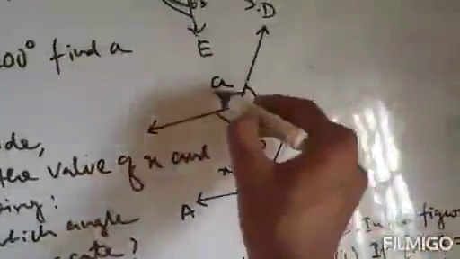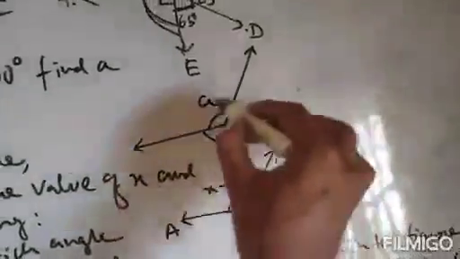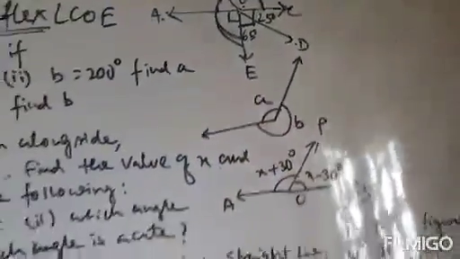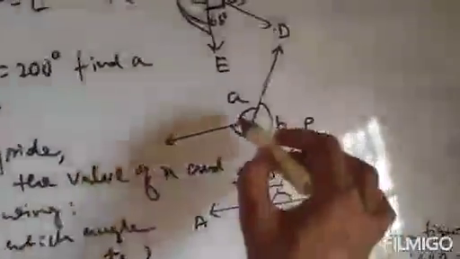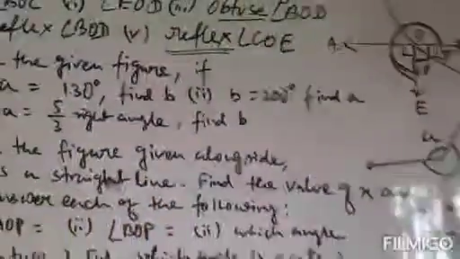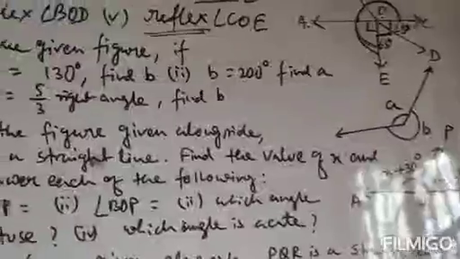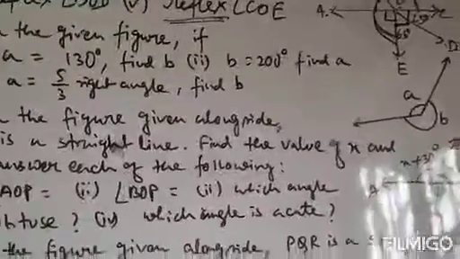So this total angle is a complete angle, which means 360 degrees. That means we can say that A plus B is 360 degrees and A is given as 130 degrees. So if you subtract 130 degrees from 360 degrees, you will easily get B.